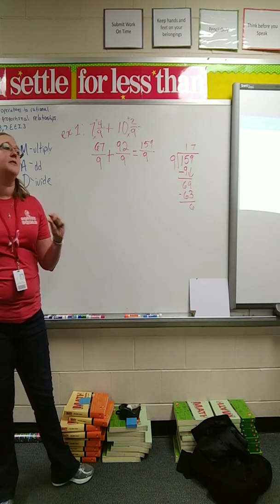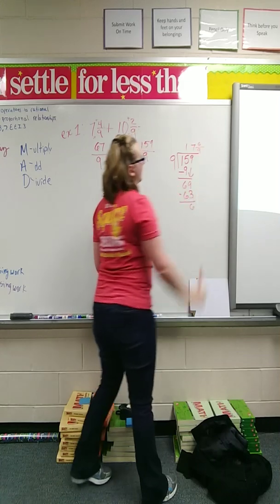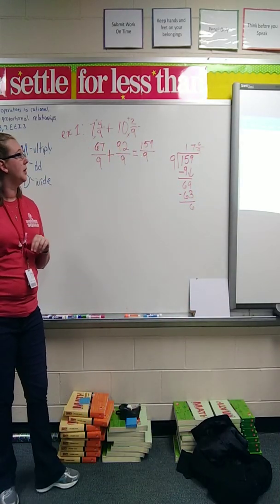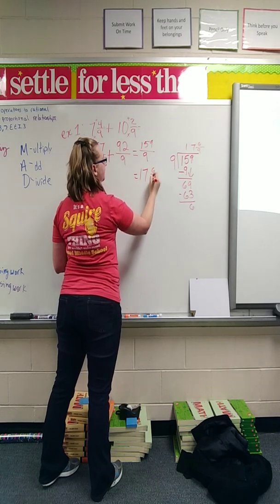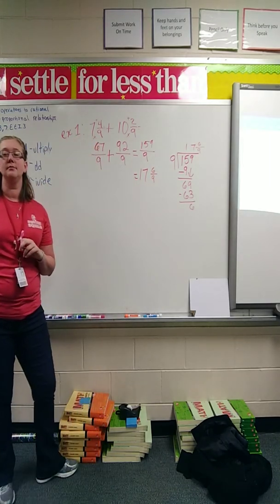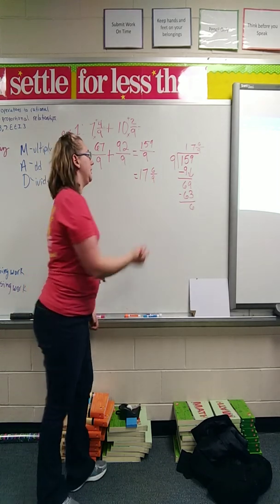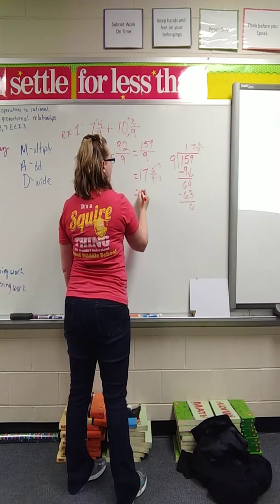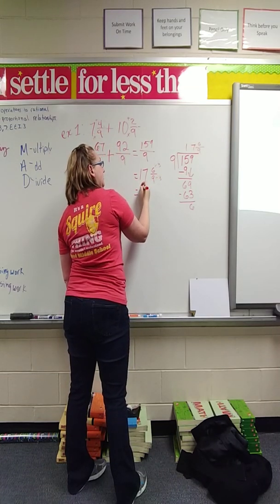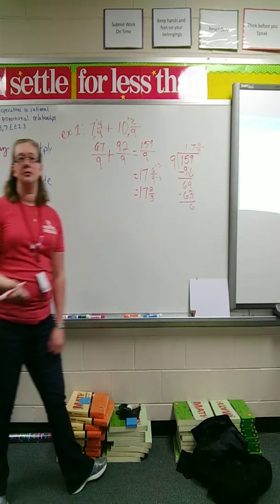That remainder of 6 becomes my new numerator, and I keep my denominator of 9. So this is equal to 17 6/9. I can simplify 6/9 by dividing both by 3, so that I get a total final answer of 17 2/3.